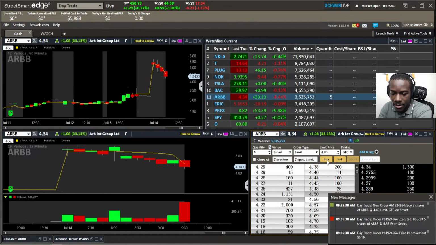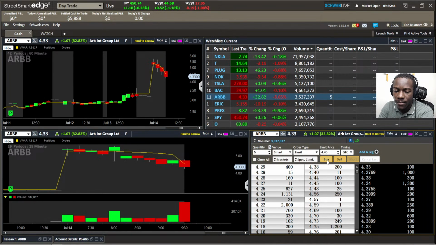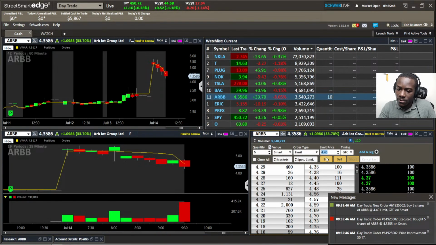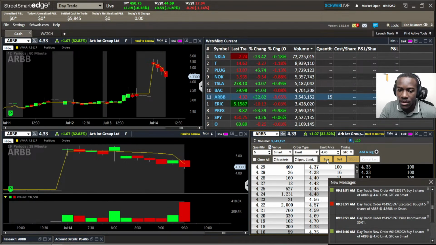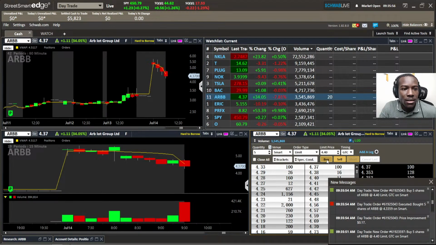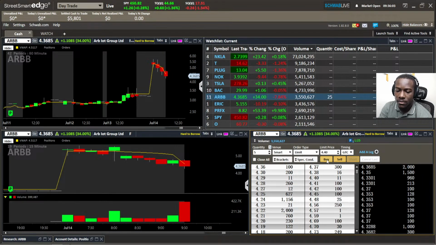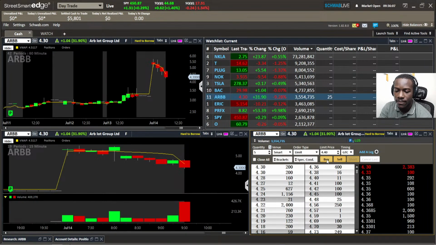Take a little bit there at the 40s. Like I said, I'm entering small. And I want to see it back over the 450s, that's where I want to see it, if it can do it.